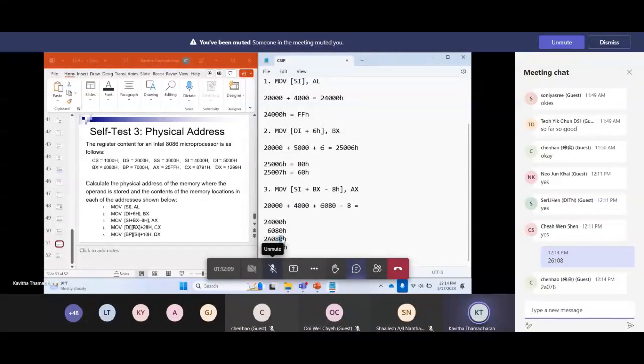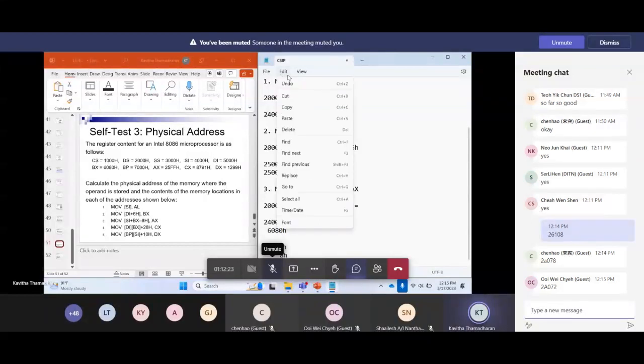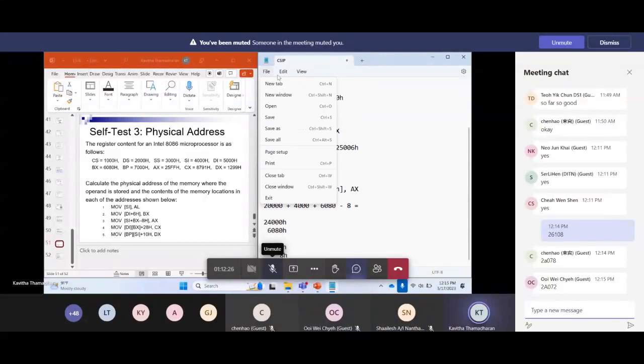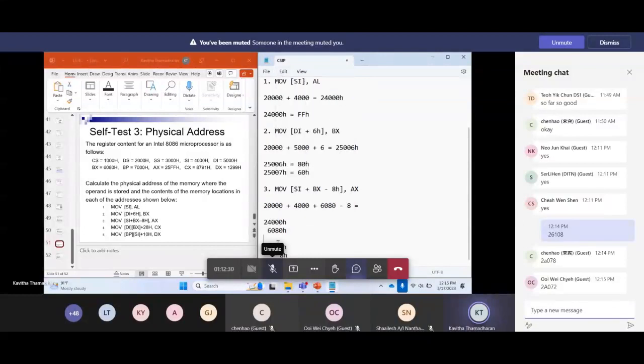If you want to minus this number with this one, you cannot minus this, am I right? So how you minus is you need to borrow from the previous number. When you borrow, this will become 7, and here it became 16.